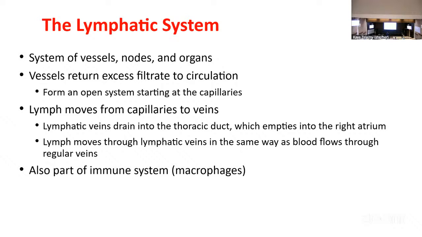We said it's about 3 liters extra per day that ends up in tissue versus in the veins. So some of the fluid that we filter out at the start of a capillary will come back and be reabsorbed at the venule end, but a lot of it wasn't. That force for absorption, even at the venous end, was kind of low.